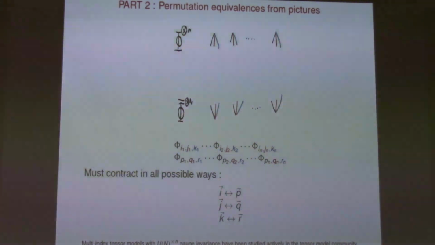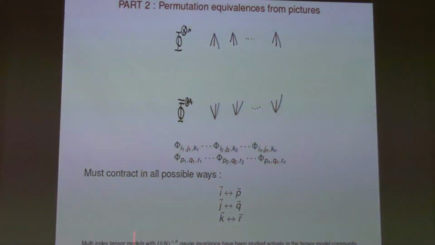In this kind of multi-index tensor model, the tensor model community, who've been thinking about this since 2009, have been exploring double scaling limits of tensor models, and they have realized that this kind of multi-index object with a gauge symmetry restricted to be U(N) to the D, one for each leg, is a good thing to do.